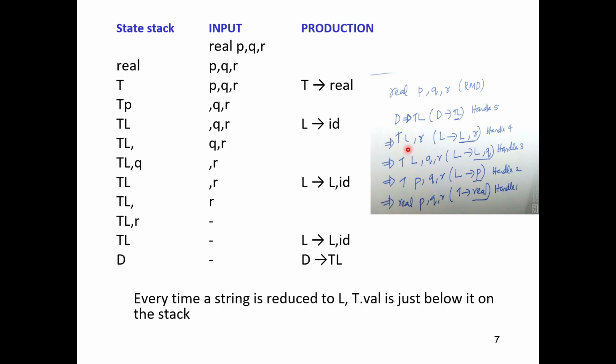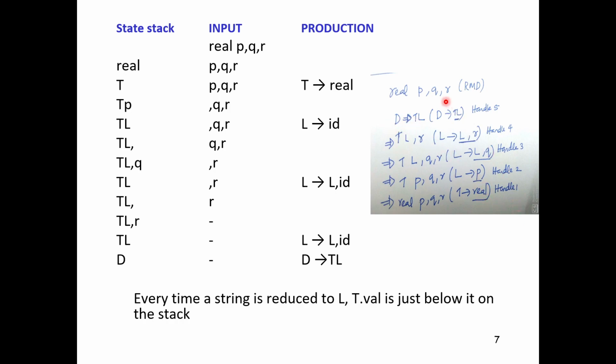Again the rightmost non-terminal is L, and it is replaced using the production L gives L, Q. Then again L is replaced with L gives ID, which in this case is P. Then the T is the leftmost non-terminal pending, so that will be replaced with real. T is real. So we will end up with real p, q, r during rightmost derivation starting from the D.